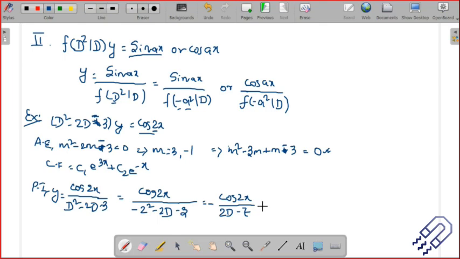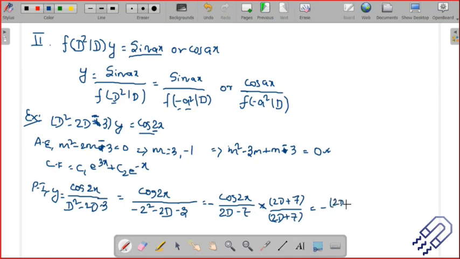Now what I can do is this. This is a trick that you should remember. First thing is I can rationalize it. Rationalizing means I multiply by 2D plus 7 in the numerator and also in the denominator. I hope you understand why I'm doing this, because we're going to get a D square term again.